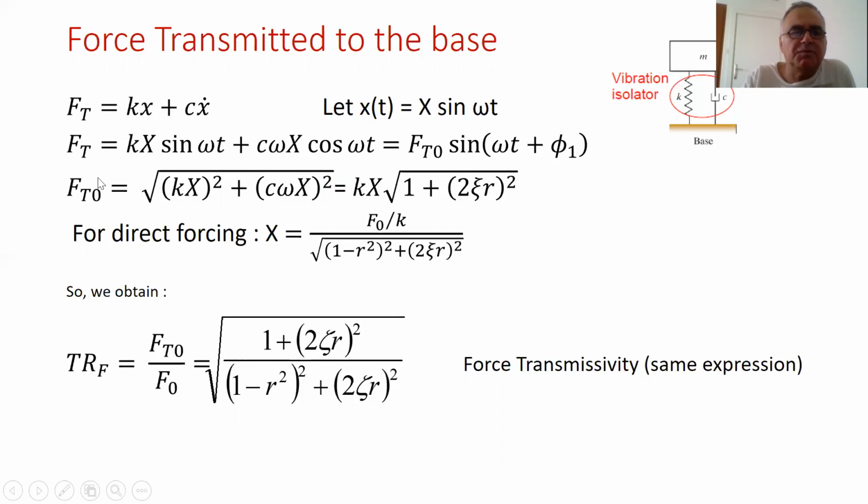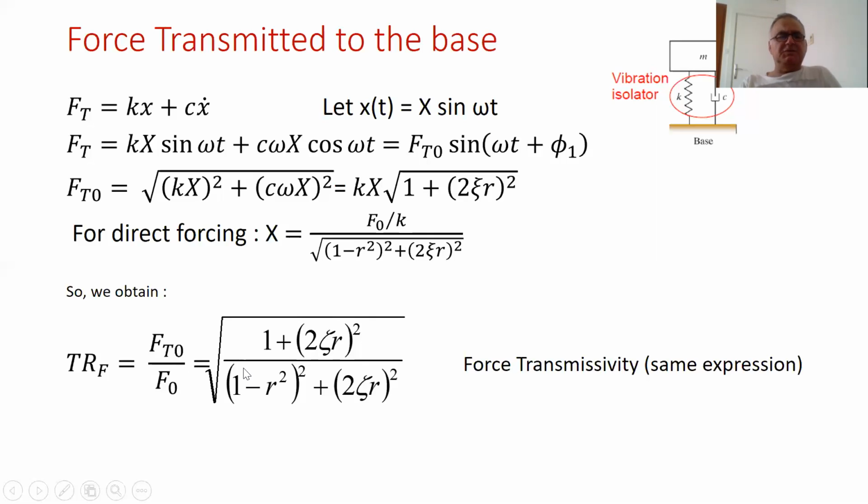And the magnitude of that sine can be found from the magnitude of the displacements, which we can find as kX times the square root of 1 plus (2 zeta R) squared. Now we know that for direct forcing, remember the famous magnification formula, we had F0 over K multiplied by the magnification. And in our case, F0 is simply F_T0. F_T0 is this quantity. So we substitute that into our equation.